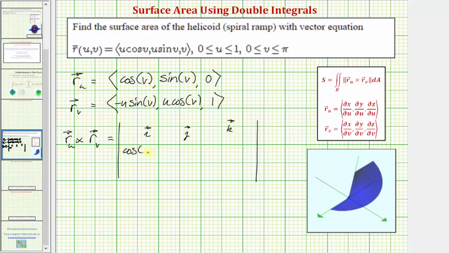So we have cosine v, sine v, 0. Third row is going to be the partial of r with respect to v. So we have negative u sine v, u cosine v, and 1. Let's go ahead and evaluate this on the next slide.